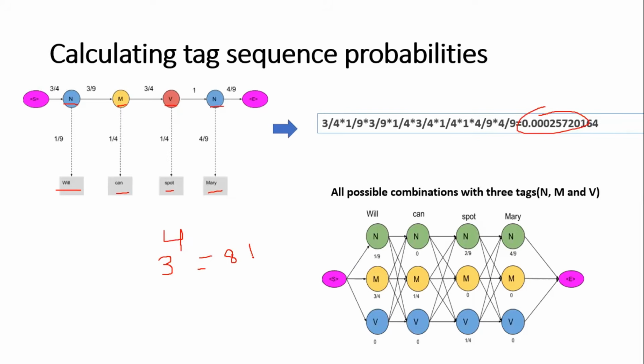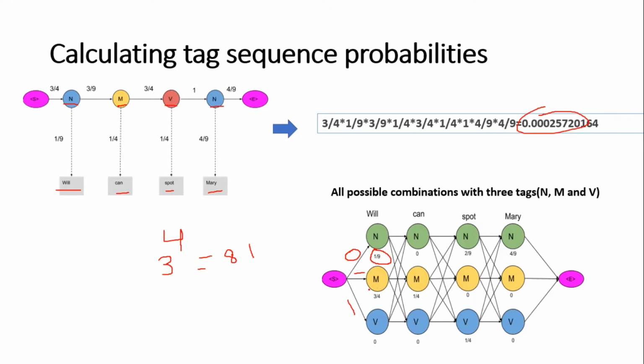You can see all possible combinations with 3 tags. This is the diagram which we get if you represent all the sequences. Here you need to represent transition probability, and this is your emission probability. Transition probabilities are not represented in this diagram because it becomes more clumsy, but internally the representation is like this.